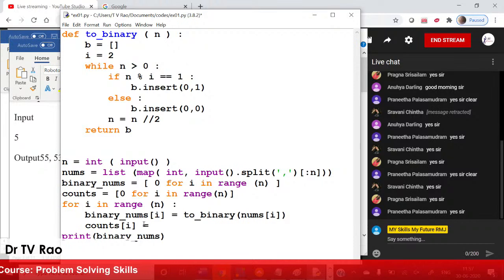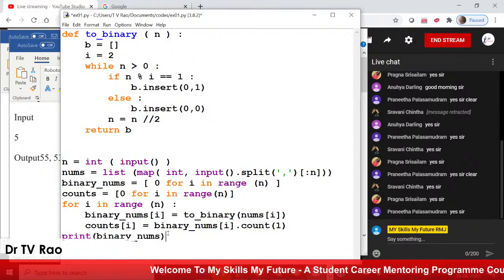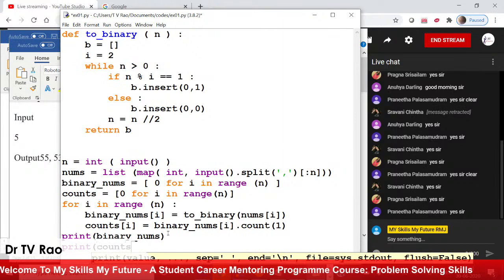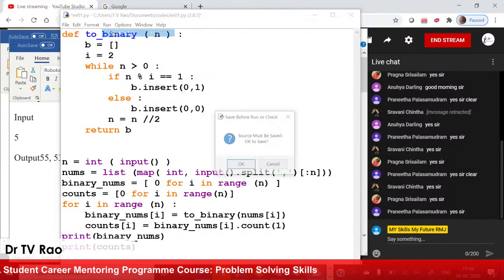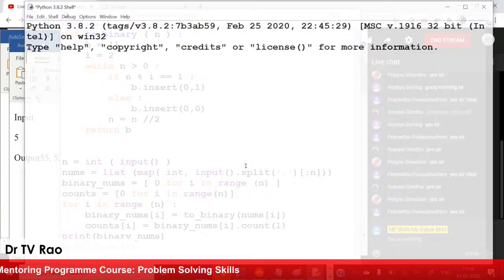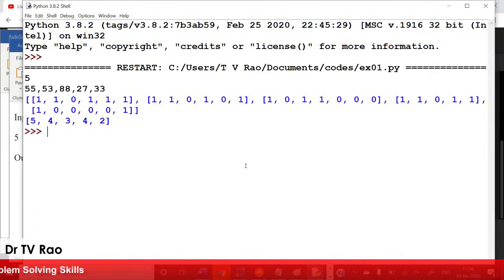Counts i is equal to binary numbers i dot count of 1. Okay. Now print counts also. There are five numbers. So counts are 5, 4, 3, 4, 2. Okay.